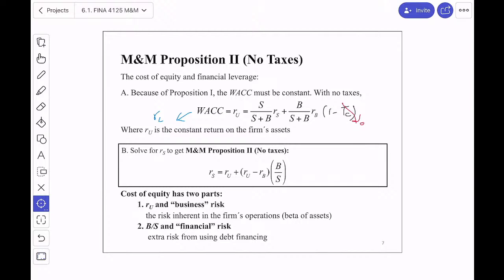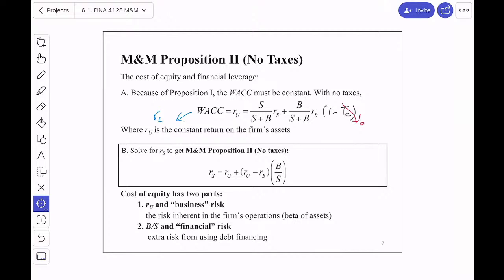We have in the levered firm shareholders and bondholders, however, and let's see, how does this affect the return to shareholders in the levered firm?